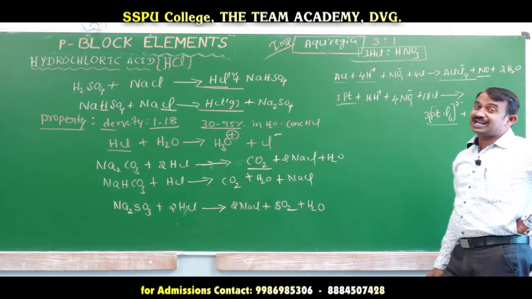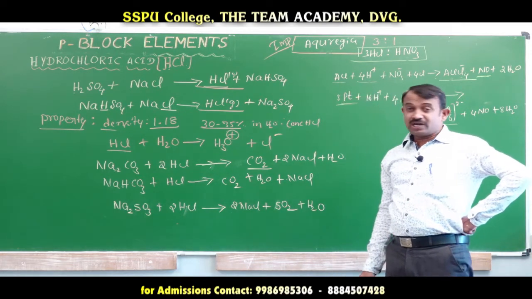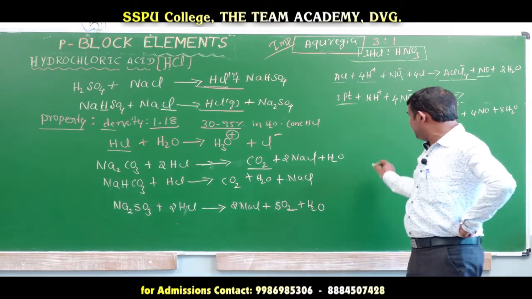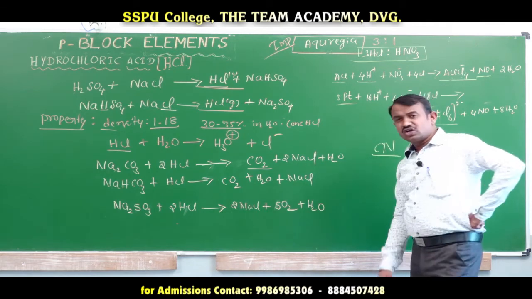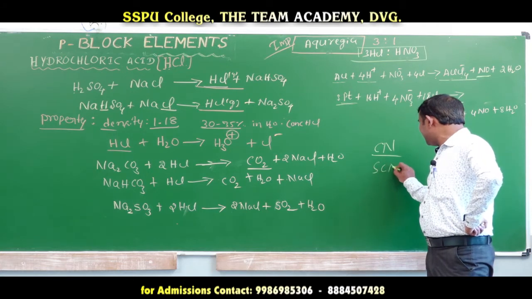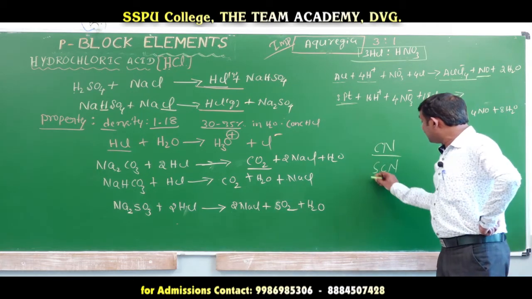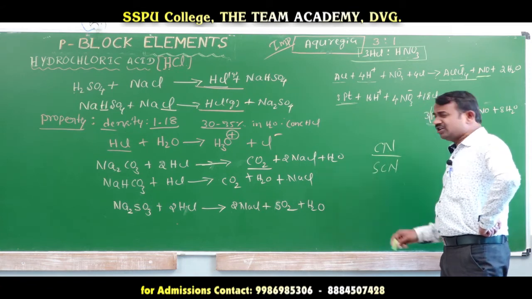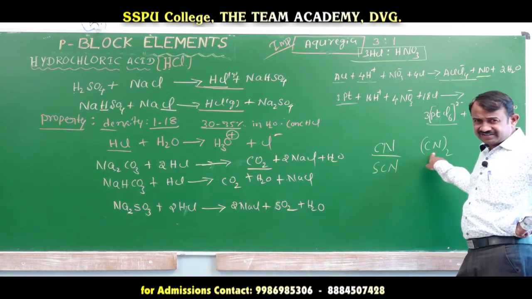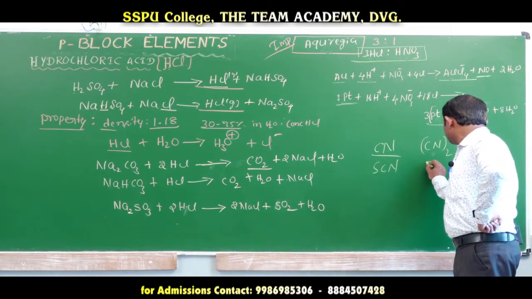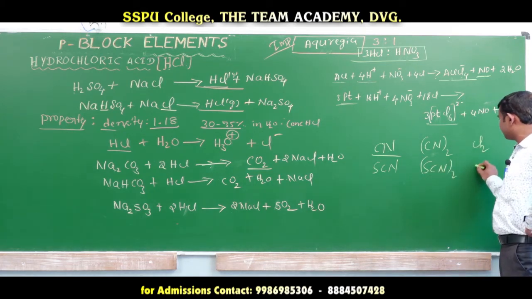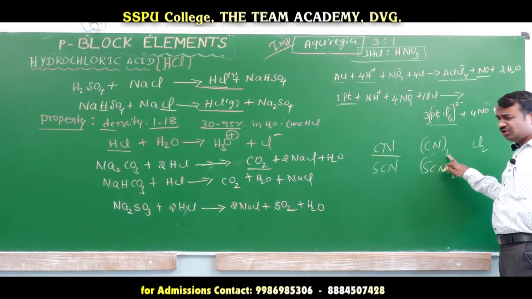In metallurgical applications, we also extract gold and silver using cyanide. What is cyanide here? Cyanide is a pseudohalogen. What are pseudohalogens? Cyanide, SCN, thiocyanide. Cyanogen, thiocyanogen. Next is chlorine, cyanogen.